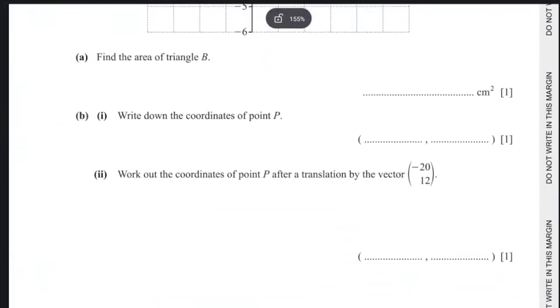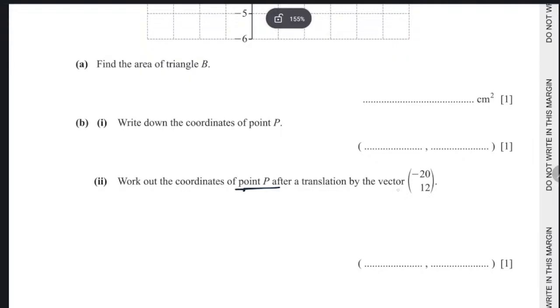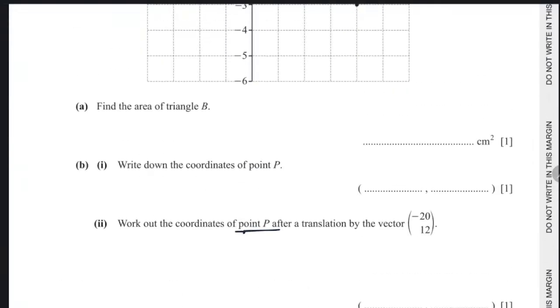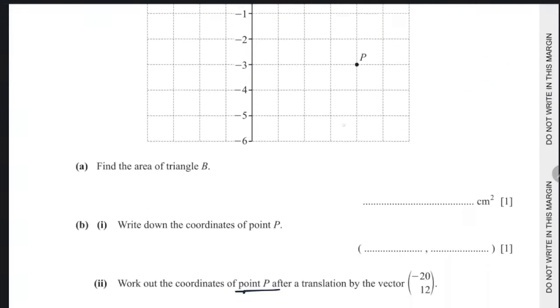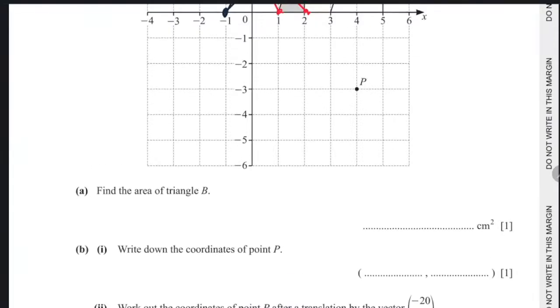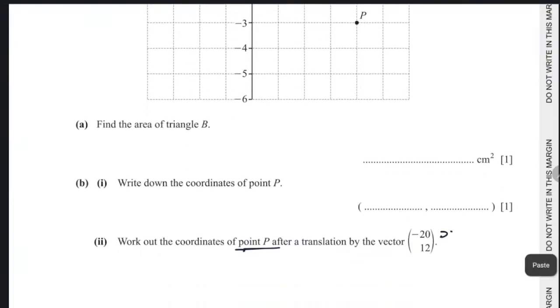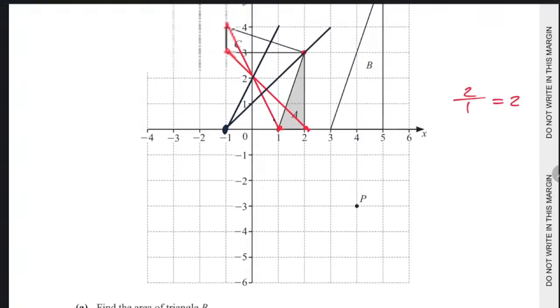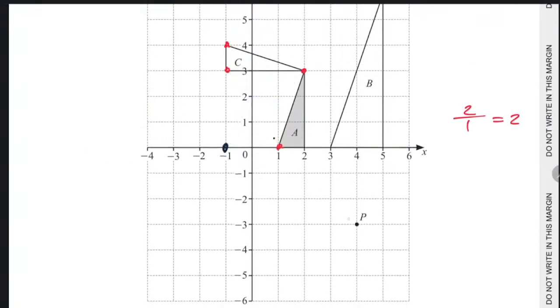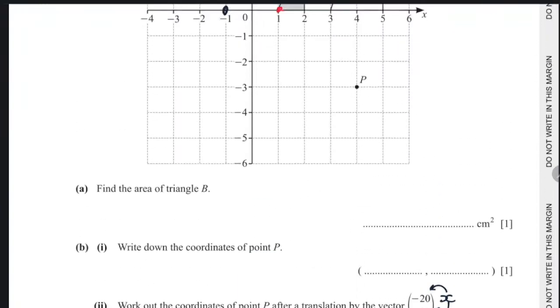Now here they said, work out point P after a translation of this. If you go to point P here, they want you to translate it. Look at how much they want you to translate it. In the X, they're saying -20. In the Y, they're saying 12. So if it's 12 in the Y, remember when it's Y and it's positive, it means you're going up.